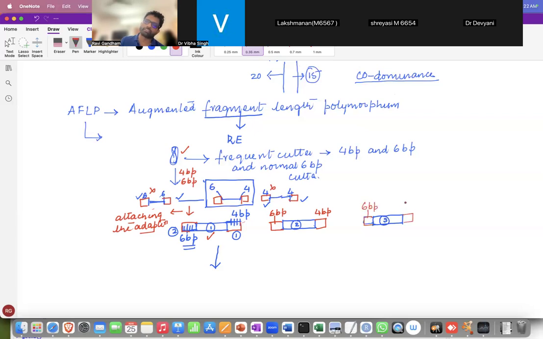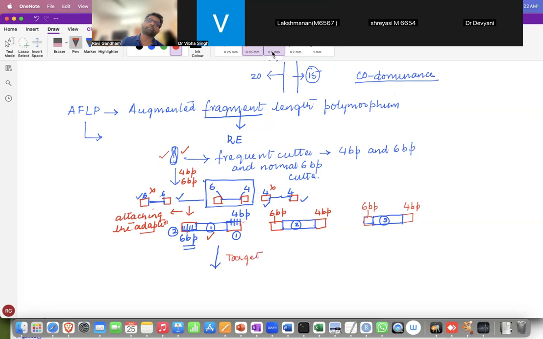Now what is happening? Just have a look. See, look at the technique now. Initially, you had DNA, you cut that with restriction enzymes, and then attach your adapters. Now target your adapters with primers.